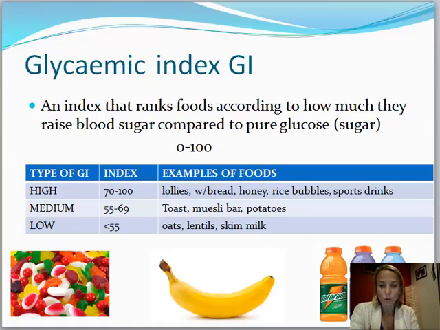Whereas the low GI foods release sugar into your blood from your gut much more slowly, so you don't get the spikes in insulin taking it all out. That's the difference between low and high GI in relation to insulin. High is from 70 to 100, low is anything under 55. And this table shows some examples of different foods.